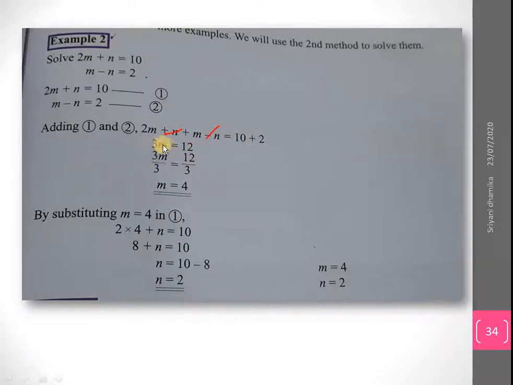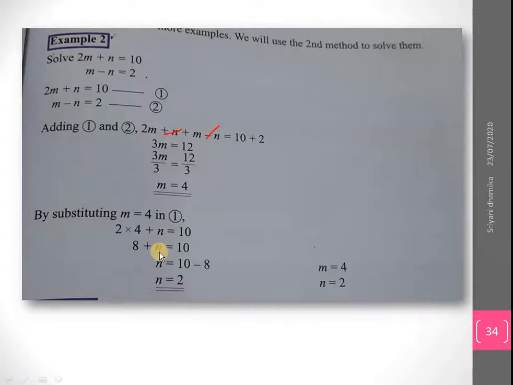Now we can find the value of one unknown, the value of m equals 4. Afterwards we have to find the value of n, so substitute this value in any equation. Now by substituting the value of m equals 4 in the first equation, we write these steps. Here the first equation is 2m, 2 multiplied by 4 plus n equals 10. 2 into 4, 2m equals 8. 8 plus n equals 10.